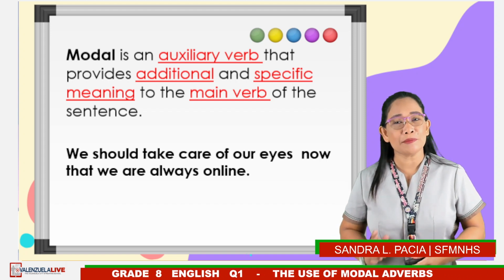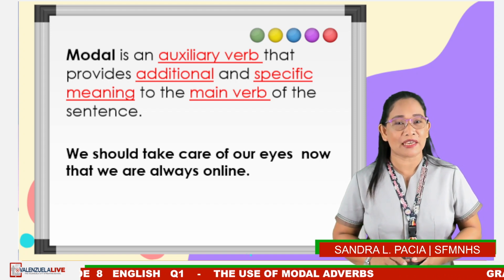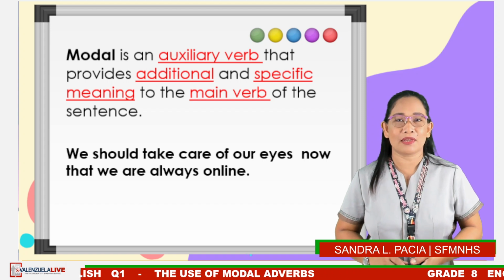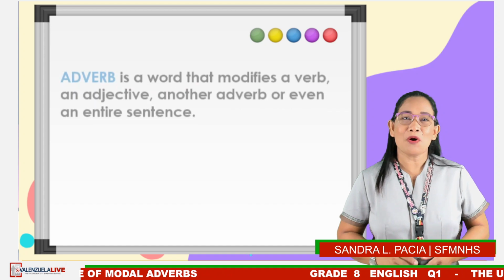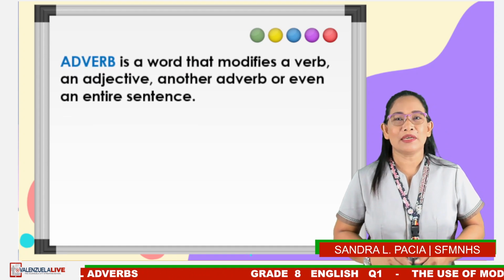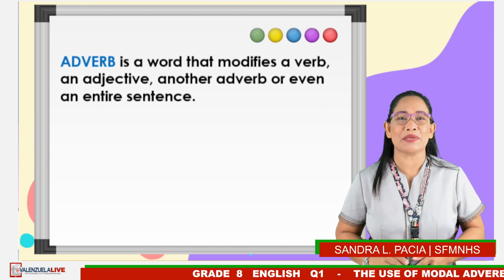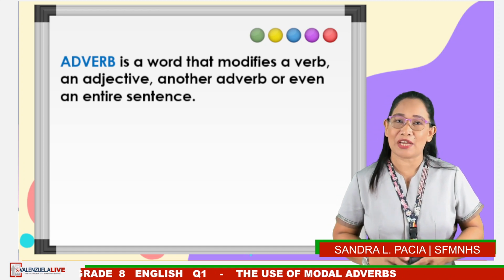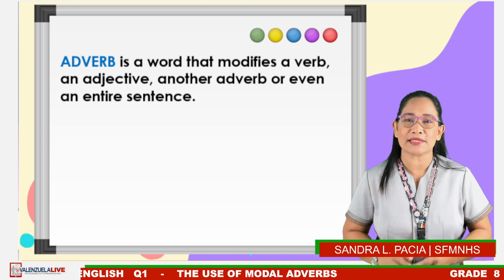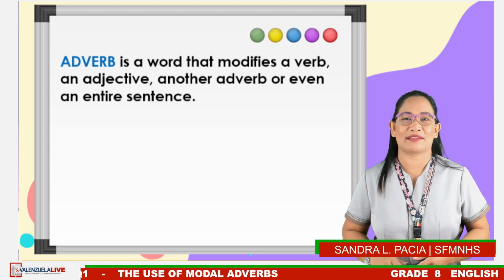Specifically, it gives advice to somebody to take care of himself. Are you following? Now, let us have adverb. What is an adverb? If your answer is that adverb is a word that modifies a verb, an adjective, another adverb, or even an entire sentence, then you are correct.